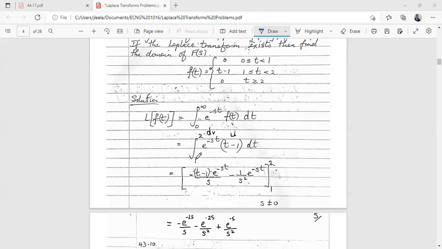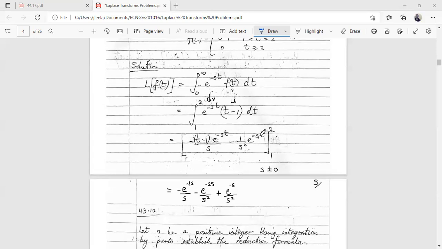So your limits are 1 and 2, t minus 1 times e to the minus st. And we take u to be t minus 1, and we take v to be e to the minus st, right? And then we perform our integration by parts, right? And your uv will be minus (t minus 1) e to the minus st over s, like what we did before. So you could write down the steps, right?